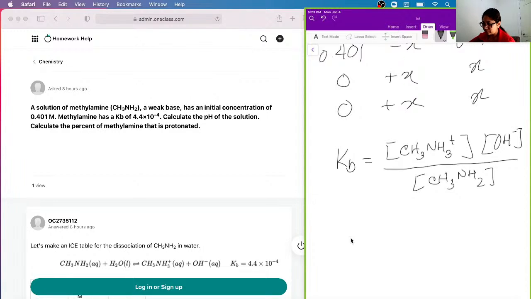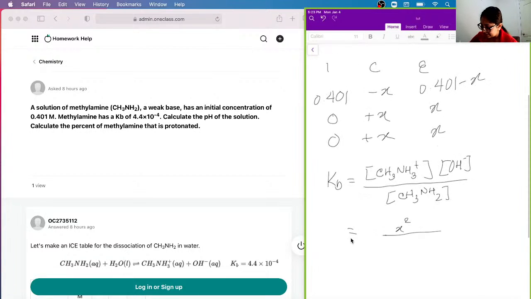And so now we're just going to plug in the values we got from the table into this equation. Since our variables for our products, or the numerator, are both x, we can write this as x squared all over what we have for our reactant, which is 0.401 minus x.